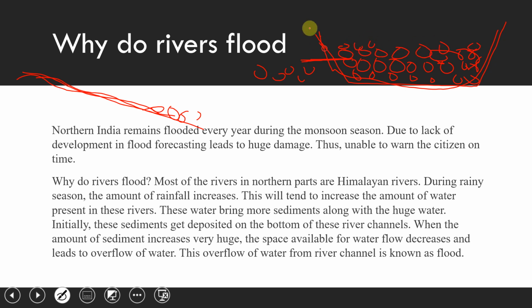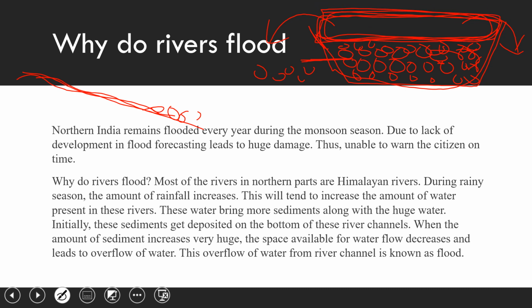Now the space for the water to flow will be less. So what will happen? This water will come out of the jar. If the sediment increases on the river bed, then ultimately your water will be poured out, and this will cause a situation of flood in the regions. So this is the basic reason behind the flooding of northern India.